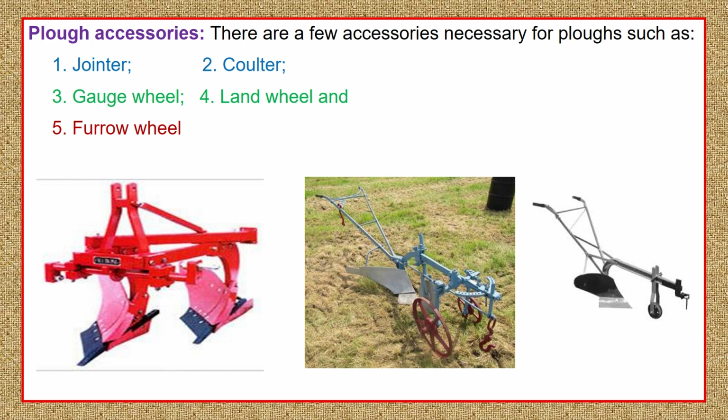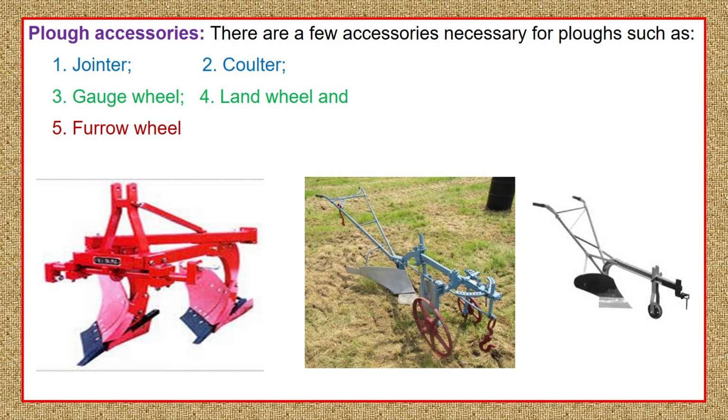That draught animal will not be able to pull it, or even if it pulls, it will not sustain work for more than 2 or 3 hours, because the implement weight itself is high. Since it is made from all metallic parts, and as it goes deeper due to gravity acting on it, there will be more draft that will demand more power.